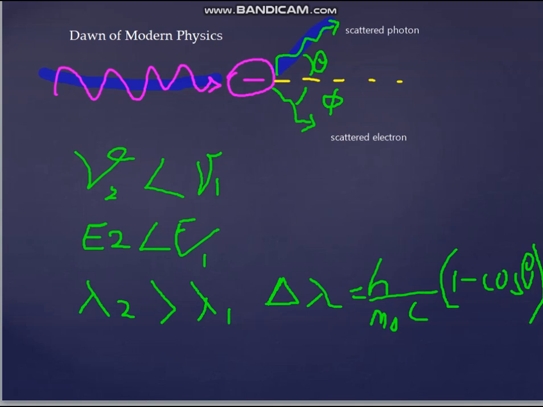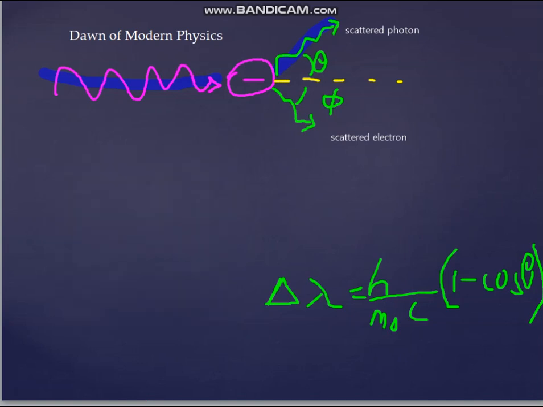So if theta is equal to 0, there will be no shift in the wavelength, because cos 0 is 1. 1 minus 1 will be 0. So there is no shift in the wavelength, which means the shift would be 0. We should probably write it down.